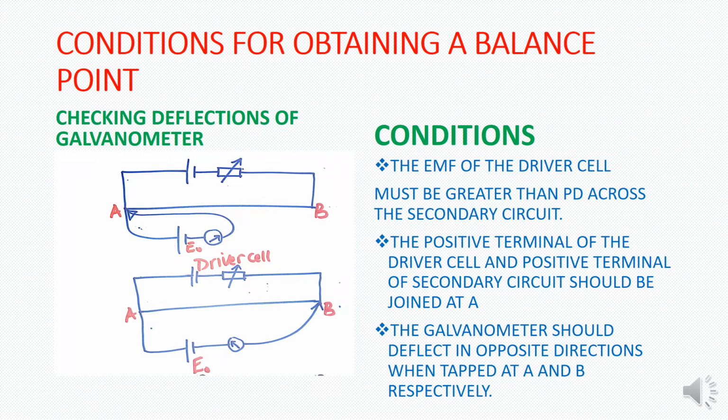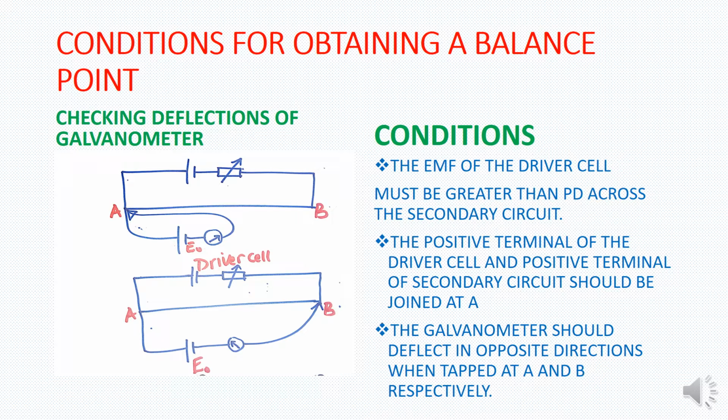So let's look at conditions for obtaining a balance point. When we connect a circuit in the lower section of the potentiometer, that circuit balances up with the PD set up on the wire. So in this diagram, we have a cell connected whose EMF should be lower than the EMF of the driver cell. That is the first condition. You must have a cell with a lower EMF than this one.